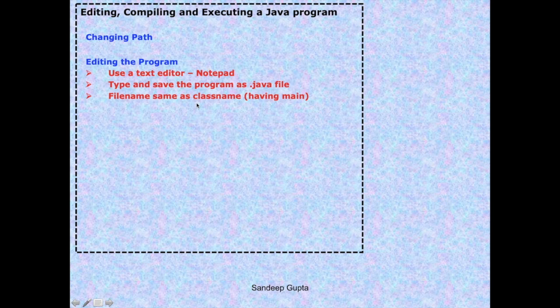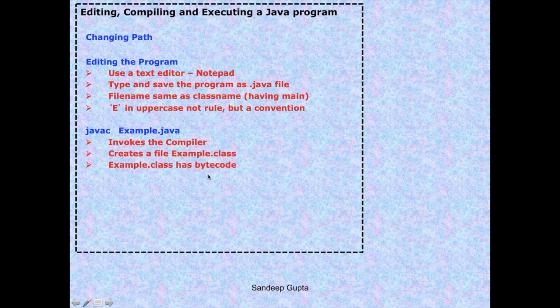That means only a single class can have the void main from where the execution will start. So the file name should be the same as the class name inside which there is the void main. Also remember that the E which you gave in uppercase is not a rule but a convention. It is a tradition. You could have given the E in lowercase also, but it's not preferred.